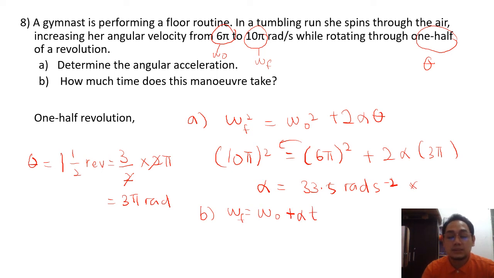So substitute the information that you have been given. Omega final is 10π, omega naught is 6π, plus alpha you have calculated here is 33.5, and you want to find the value of t.